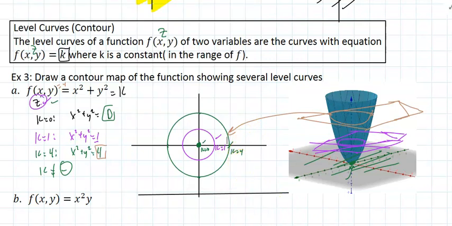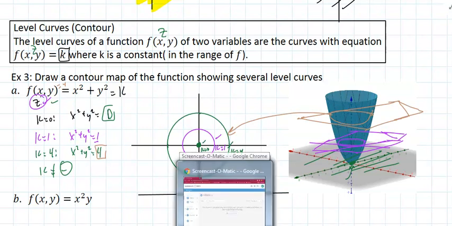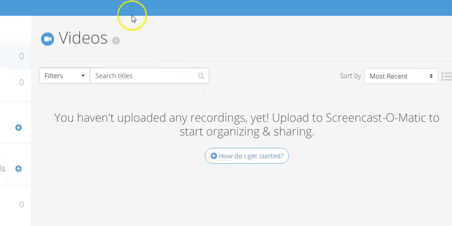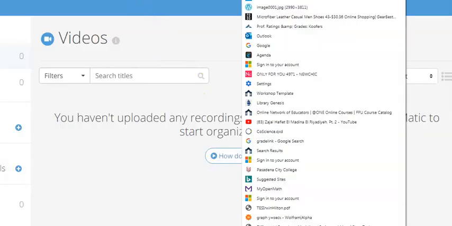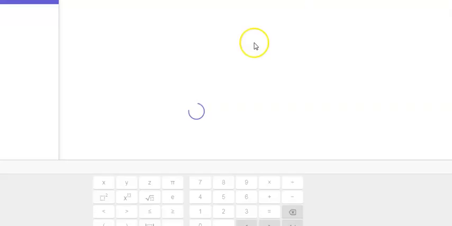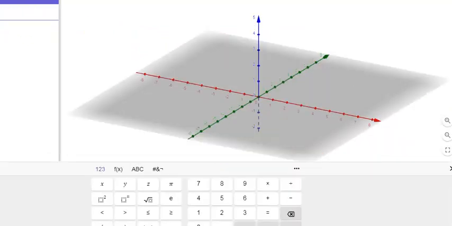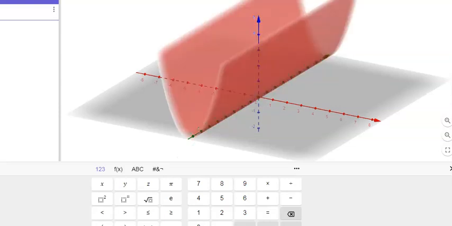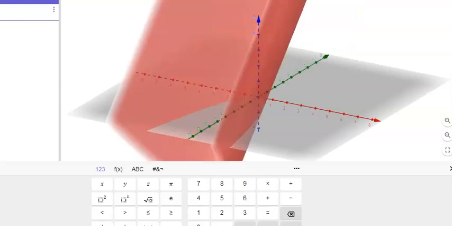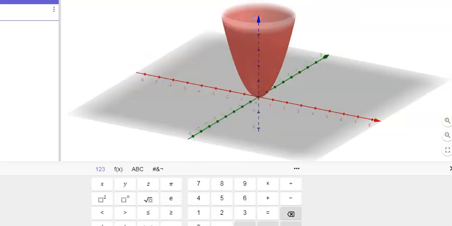And I could show you really quick. X squared plus y squared equal k. Right? Z equal x squared plus y squared. So if I go to my website, the one that we mentioned, GeoGebra, or Desmos, and if I input z equal x squared plus y squared, there it is.